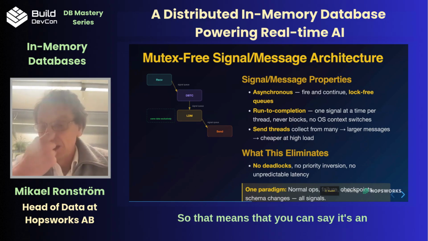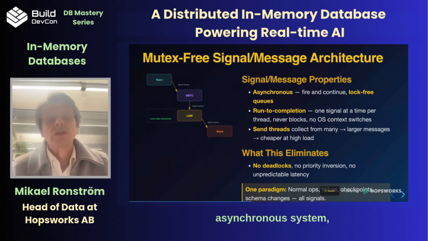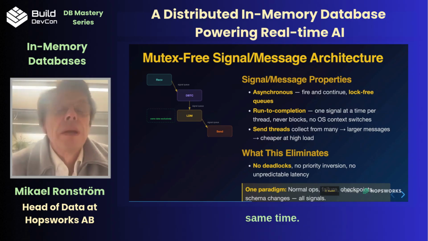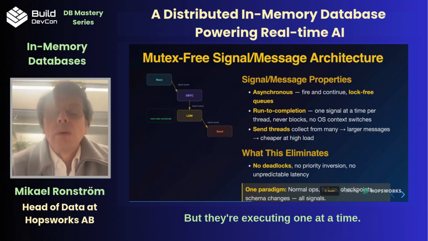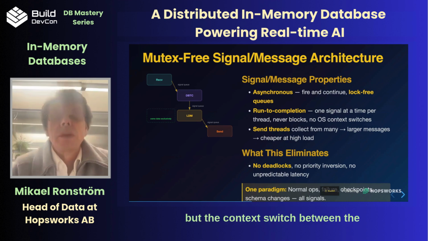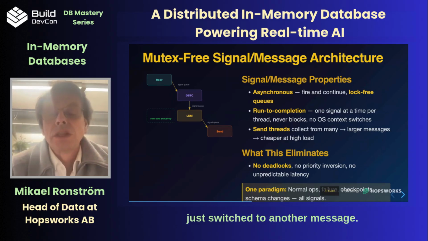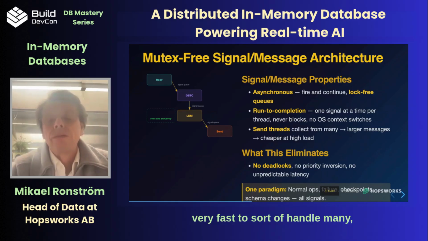So it's an asynchronous system, so you can essentially run thousands of queries at the same time. But they're executing one at a time in every thread. The context switch between the threads is down to nanoseconds, since it's basically just switching to another message. So it's very, very fast to handle many transactions simultaneously.